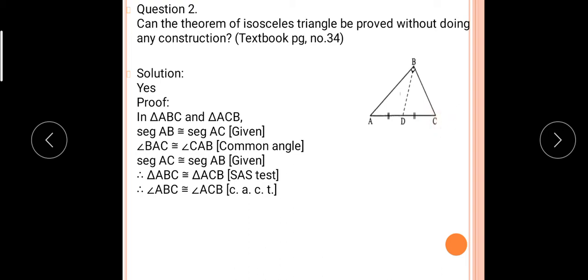So angle BAC is equal to angle CAB. So AC is equal to AB. This is given. So by the SAS test, these two triangles are congruent to each other. Therefore angle ABC is equal to angle ACB.